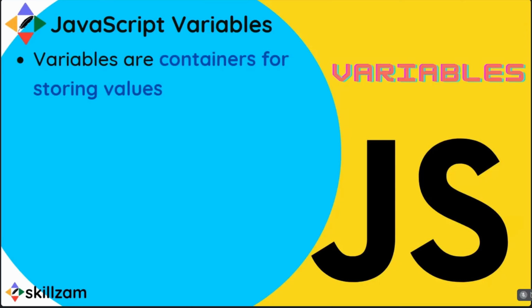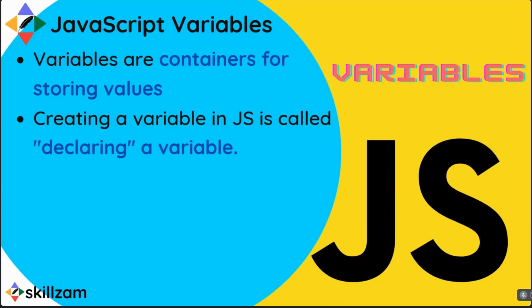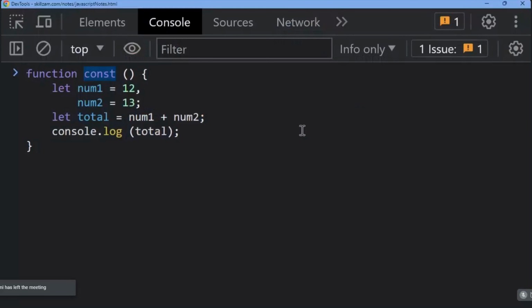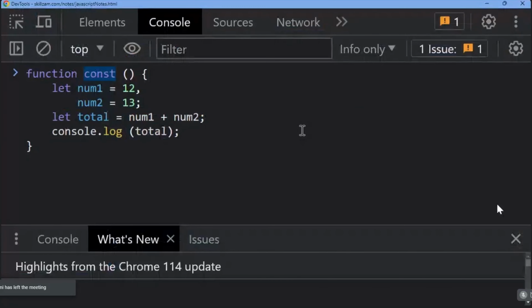Variables are containers for storing values. We saw how num1 was a variable used to store the value 1, 2, 3. Creating a variable in JavaScript is called declaring a variable. Let me give you an example.